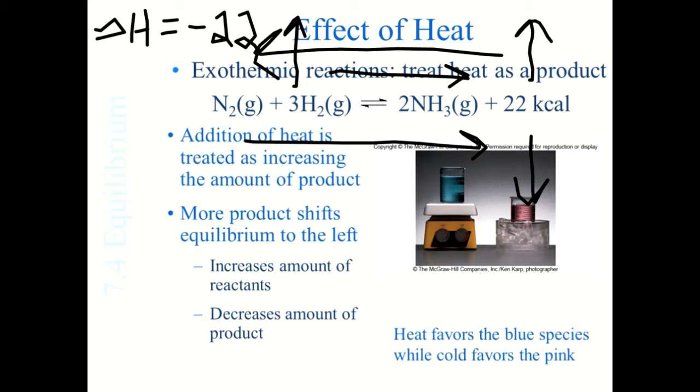Oh, so sometimes it goes away. It depends on whether it's a reactant or a product, whether it's going left or right. But it's always going away if you increase. So if it is a product and I increase it, it's going towards the left. But if it's a reactant and I increase it, it goes towards the right, towards product.